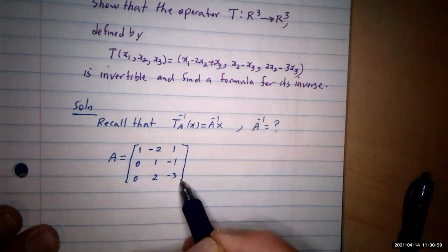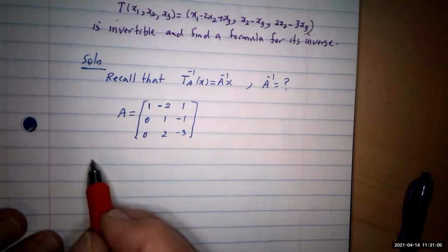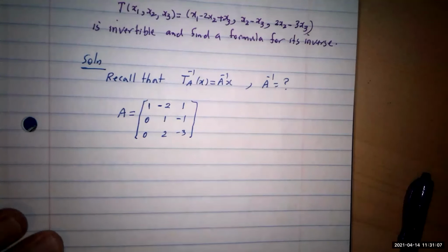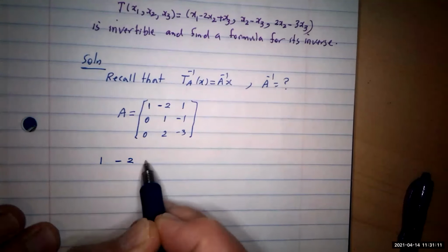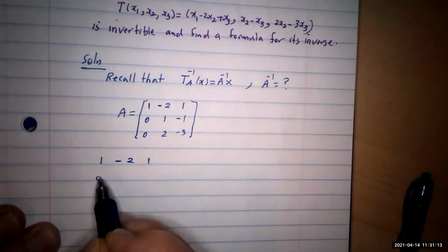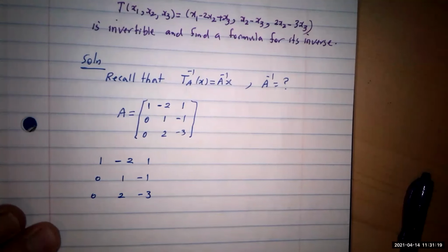You know how to find it. I just use the inversion method. We write 1, -2, 1, then 0, 1, -1, and 0, 2, -3.